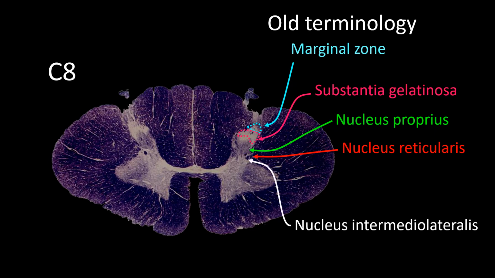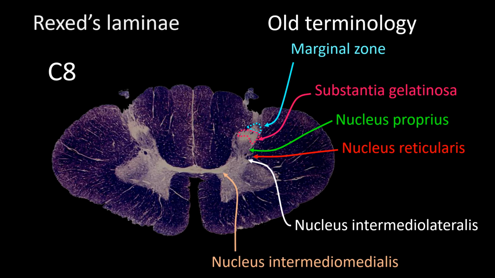Slightly more ventral, we find the nucleus intermedius lateralis, and more medially, the nucleus intermediomedialis. The Rexed lamina grouping uses 10 Roman numerals, going from 1 most dorsal to 8 most ventrally in a lateral to medial axis.